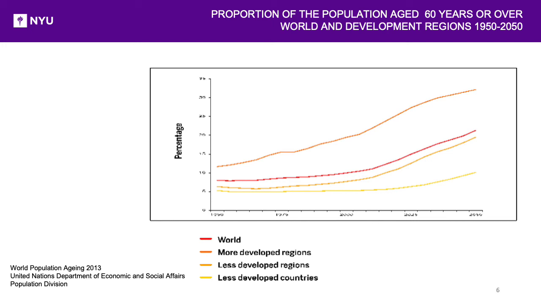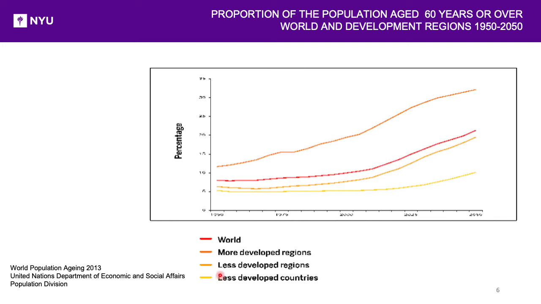That publication on aging tells us that the proportion of the world's population aged 60 years or over will increase slowly between 1950 and now, from 8 to 12%. But for the next 4 decades, it will increase rapidly and is expected to reach 21% by 2050.